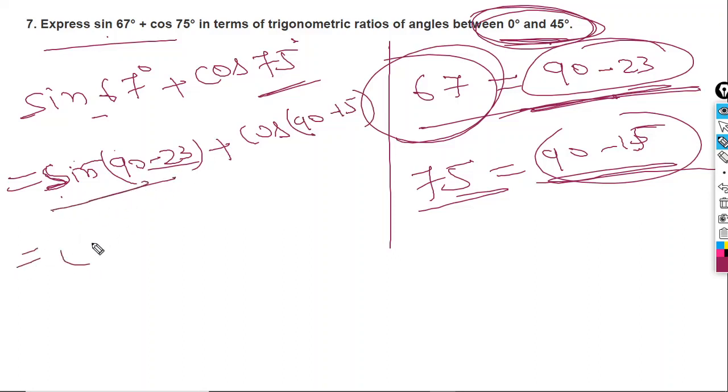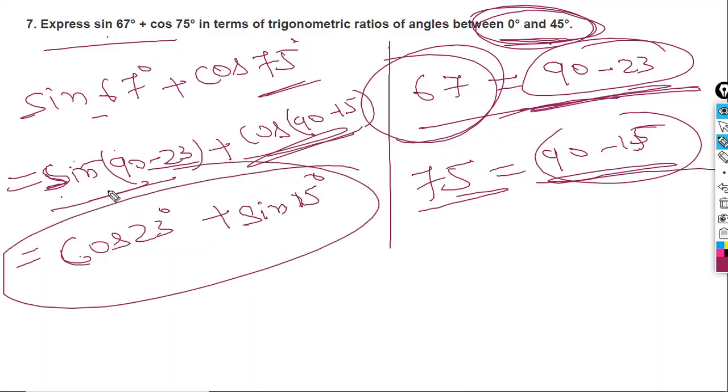So we will write equal to cos 23 degree plus cos (90 minus theta) will be sin theta, sin 15 degree. Now you look at the answer. What we have done, cos 23 degree, isn't it? Cos 23 degree is an angle between 0 to 45. Similarly sin 15 is an angle between 0 to 45. Okay, so it is solved now. In this way you can solve question number 7.